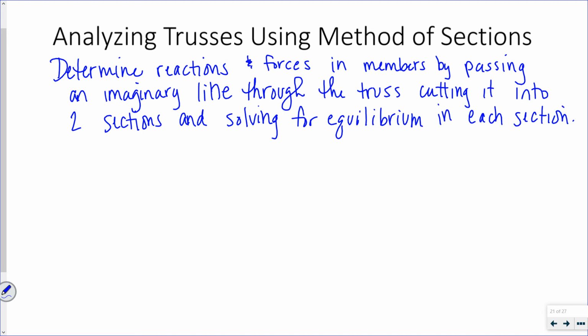So we're going to determine the forces in the individual members by passing an imaginary line through the truss, cutting it up into two different sections, and solving for equilibrium for each section.